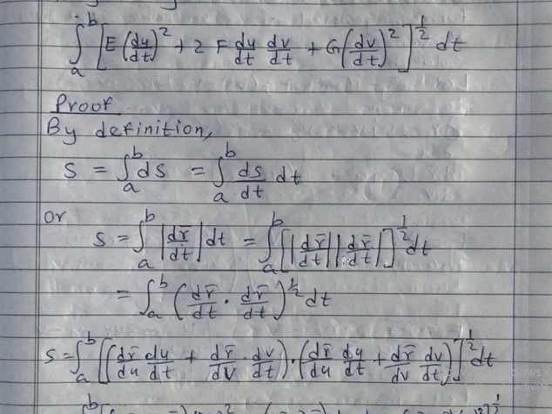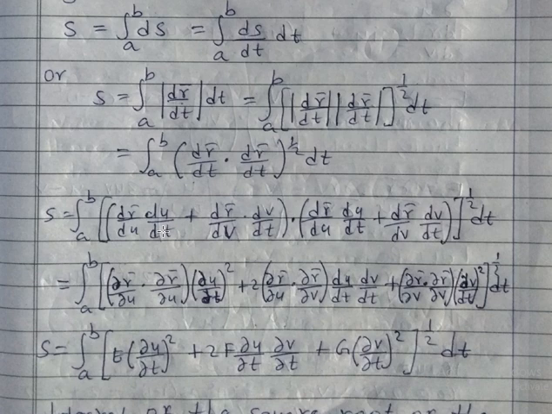That's why the modulus of dr/dt times the modulus of dr/dt is the same as the dot product between dr/dt and dr/dt, and therefore s is now the integral of the square root of dr/dt dot dr/dt, integrated with respect to t from a point A to a point B. But r is a function of both u and v, and therefore dr/dt can be written as dr/du du/dt plus dr/dv dv/dt, and therefore s now becomes the integral of the square root of the dot product between (dr/du du/dt plus dr/dv dv/dt) dot (dr/du du/dt plus dr/dv dv/dt).